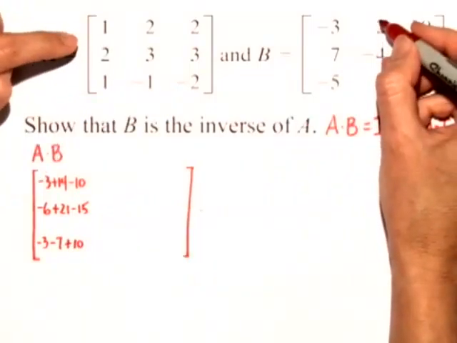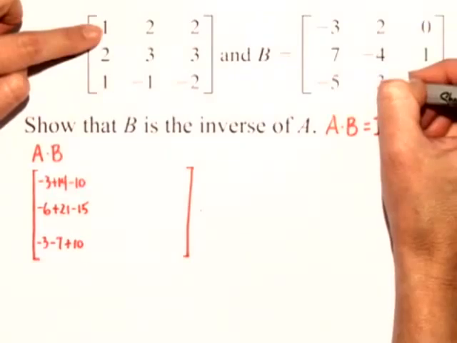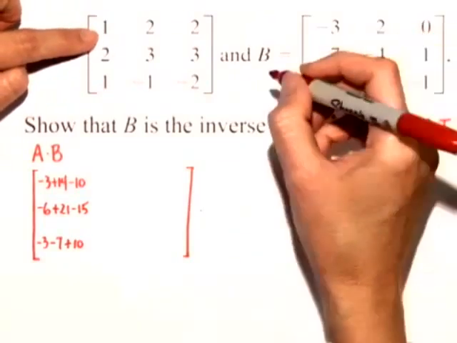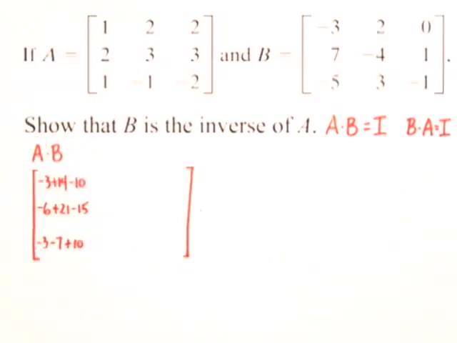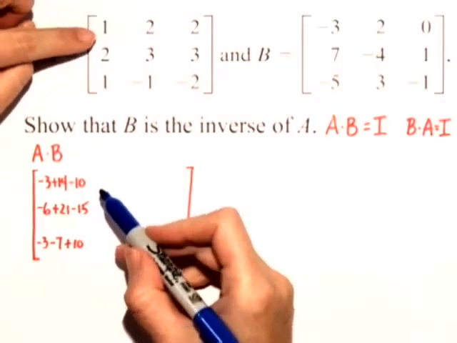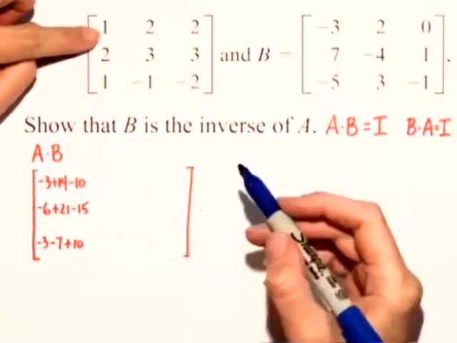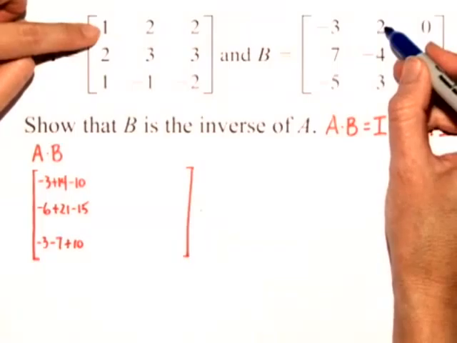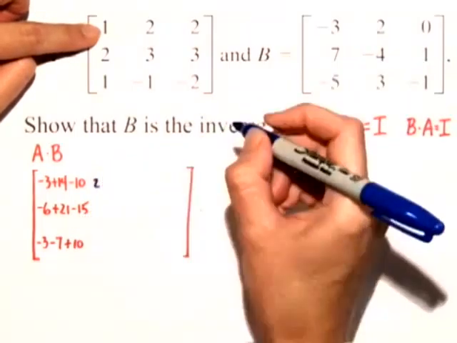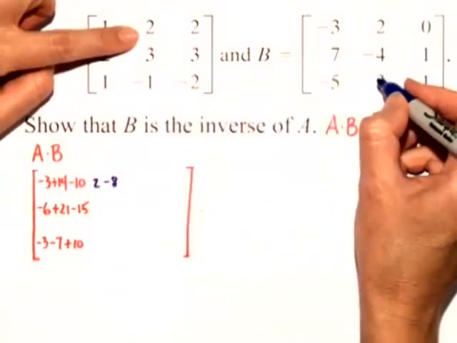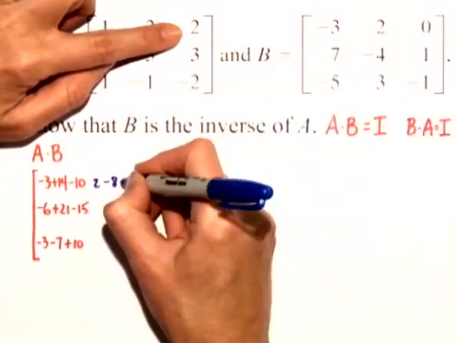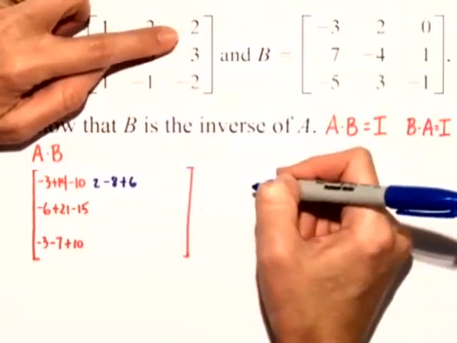Now we'll move on to row 1, column 2. I'm actually going to put the middle column in a different color so it doesn't run together. So row 1, column 2. 1 times 2 is 2, plus 2 times -4 is -8, plus 3 times 2 is 6.